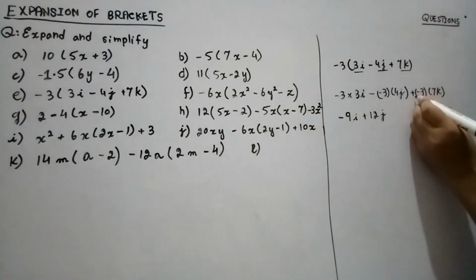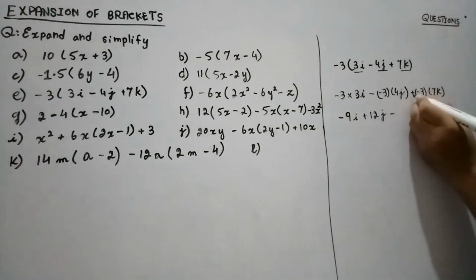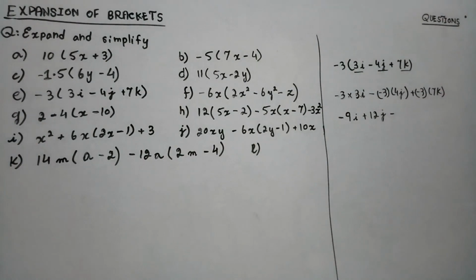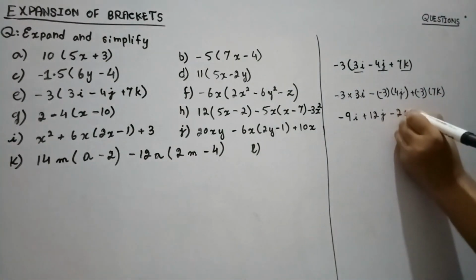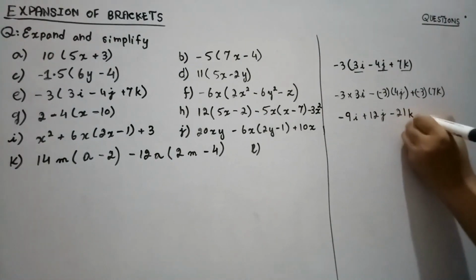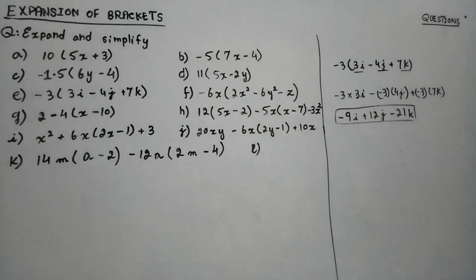Clear? And here we have plus minus, which will be equal to minus. So 7 3s are 21, and k as it is. Clear? So that's the answer of our part E.